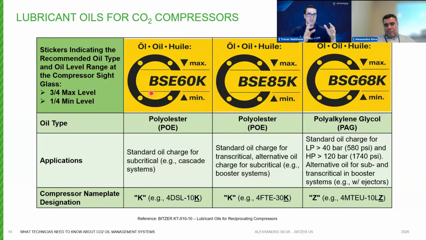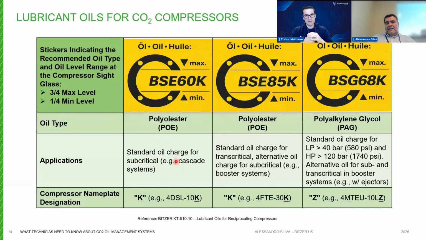Because I know in your subcritical compressors, like if you're doing a cascade system, you want to use, I think, the BSG 68K. I can't remember your manual, but then in the transcritical, you want to use the BSE 85K. Is that correct? Yeah, that's correct. So the BSE 60K is more used for cascade applications.